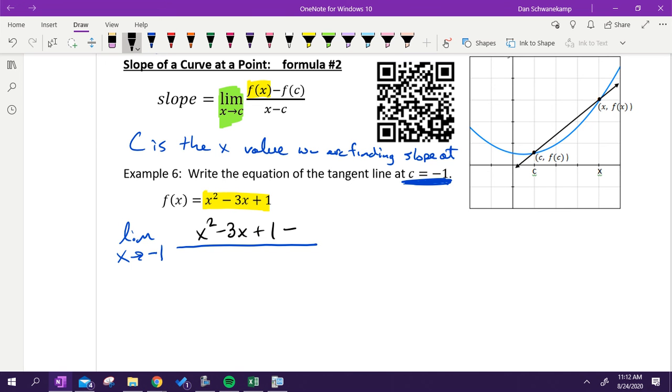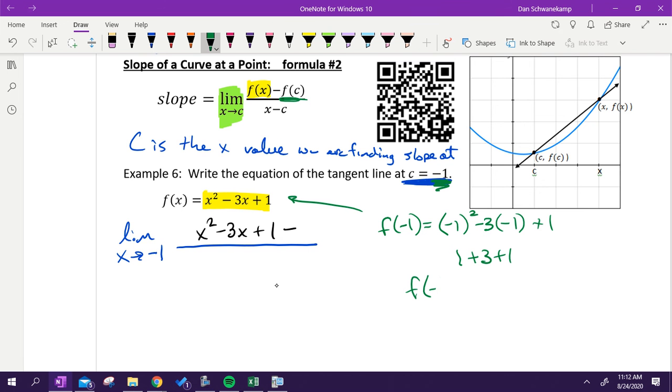How could I find f of c here? Good. F of c just means in this case f of -1. My c value is -1. It's just taking -1 and plugging into that original equation. So -1 squared would be 1 plus 3 plus 1.